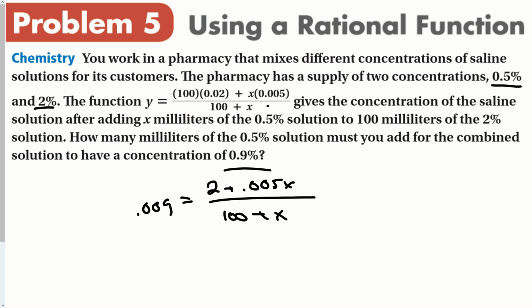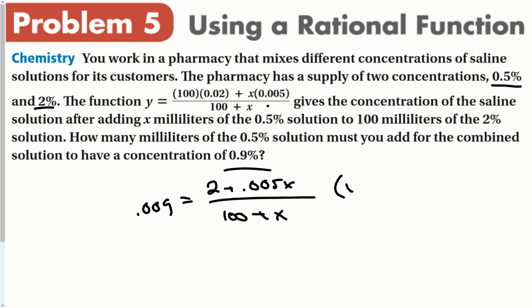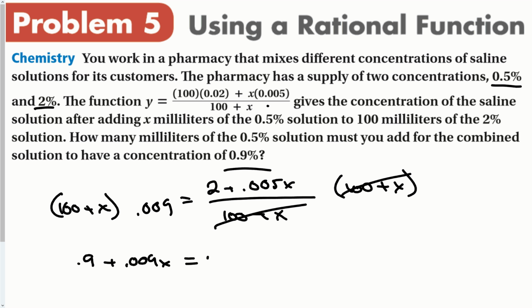So all we have to do is plug in what you want. You could graph these two things, and when I did that, it didn't really look like it came out very nicely. So it's much easier just to solve this algebraically. If you want to isolate x, just multiply both sides by 100 plus x. These two cancel, and we're now left with 0.9 times 100 plus x. So 90 plus 0.009x is equal to 2 plus 0.005x.